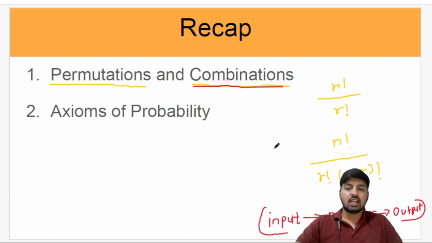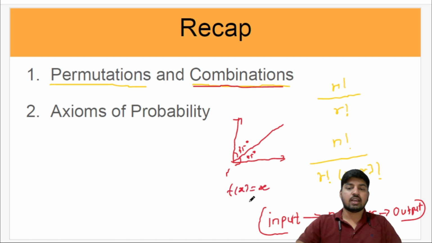Then we have seen that there are relations between the variables. So we have seen this graph. If this graph grows exactly at 45 degrees, we have seen that this is the graph of the function f of x is equal to x.